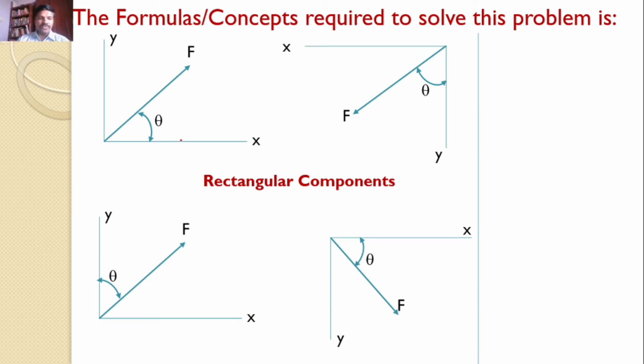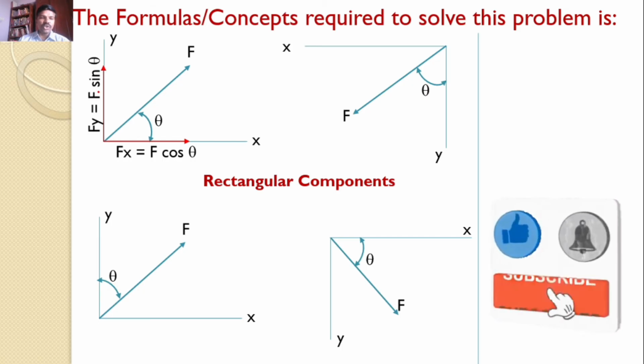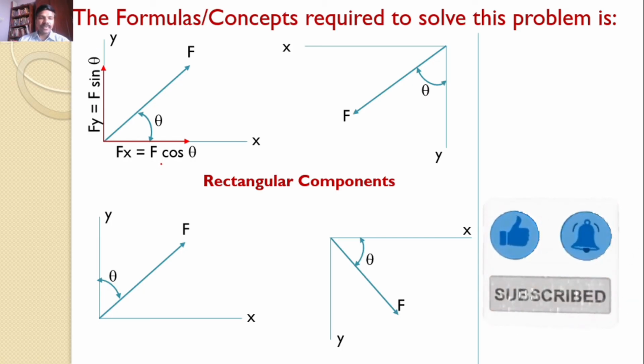What is the component of the force along the x-axis? Remember, here the force F makes an angle theta with the x-axis, hence the x component is the cos component, and that magnitude is F cos theta, Fx. And similarly, the component of the force along the y-axis is Fy equals F sin theta.